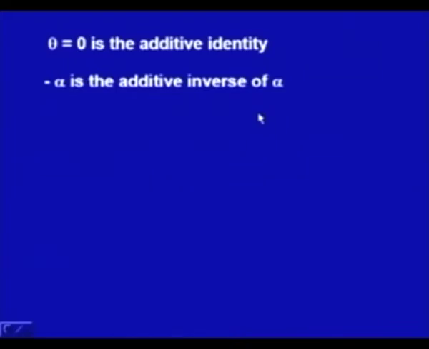So, this is another property which fails in this case, or we say that in this particular example V is not a vector space. You can check other properties, but the solution is complete because we have proved it is not a vector space.